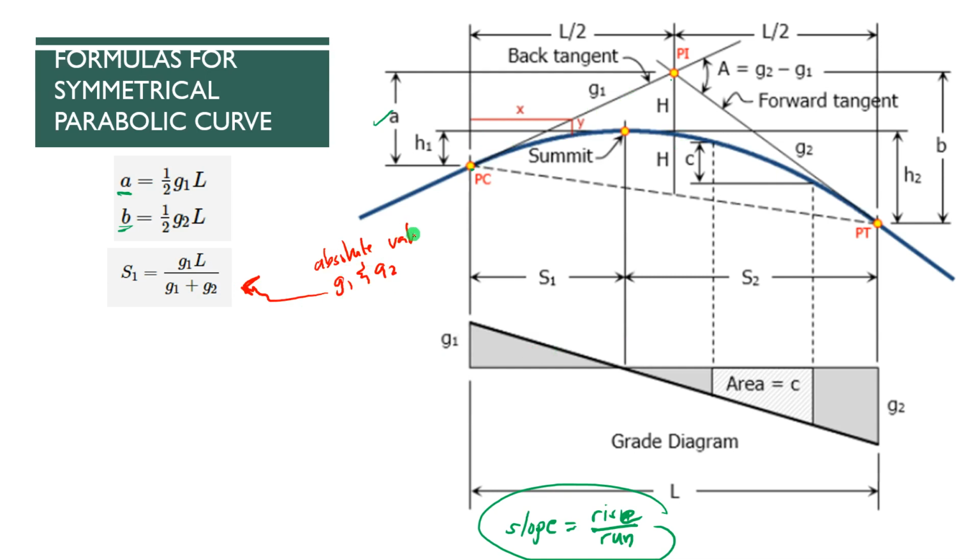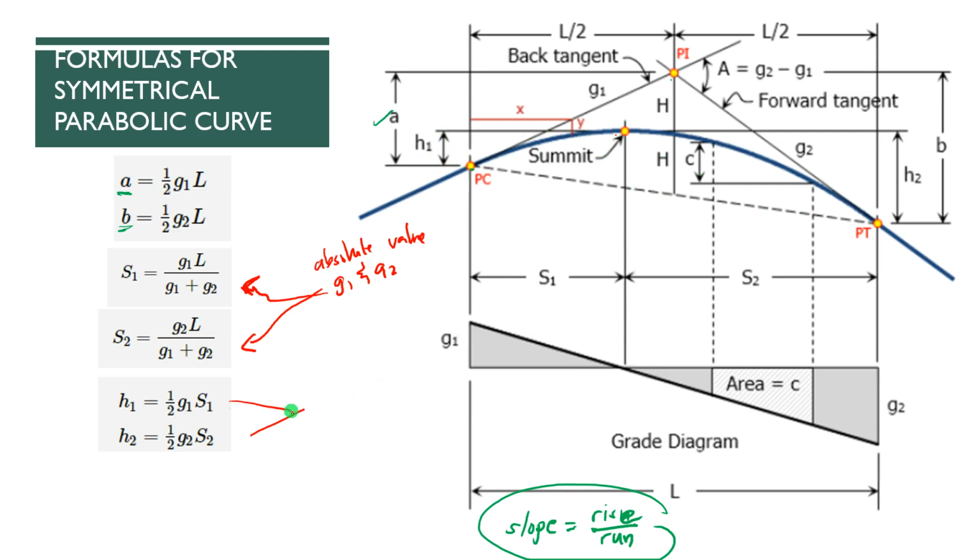So take the absolute values of these. Same way as S2, the distance from the highest point or lowest point to the point of tangency. We have H1. H1 and H2 are the differences in elevation from PC to the highest point or the lowest point, and H2 from PT going to the highest point.